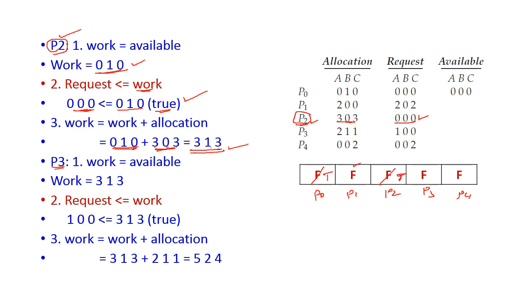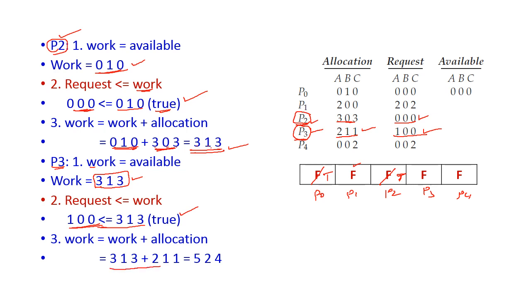Now let us take this P3. For P3, the current work is 3, 1, 3 and this is greater than the request. What is the request of P3? Request is 1, 0, 0, isn't it? So the condition is true. Hence P3 will execute successfully. After executing, that will release its resources.